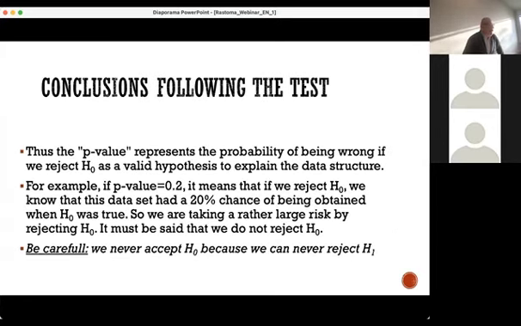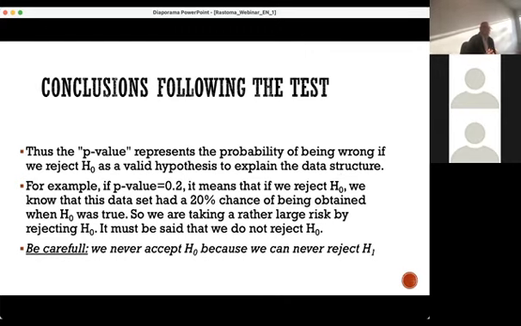And then, after doing the test, you generate a p-value. The p-value is the probability of being wrong if you reject H0 as a valid hypothesis to explain your data.